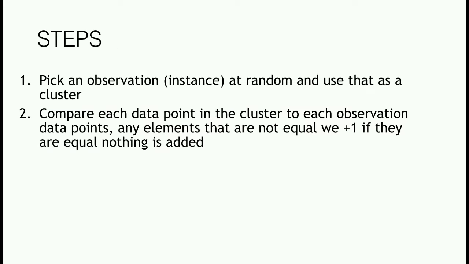Now the second step is to compare each data point in the cluster to each observation's data points. Any elements that are not equal, we add 1. If they are equal, nothing is added. That might sound a bit complicated now, but when we run through the example, it'll make a lot more sense.